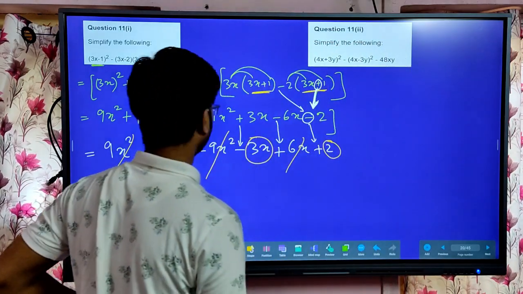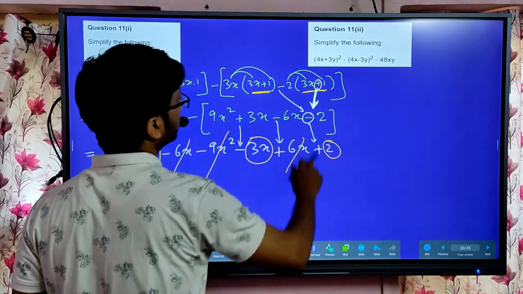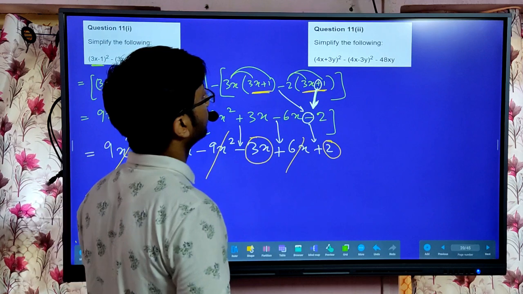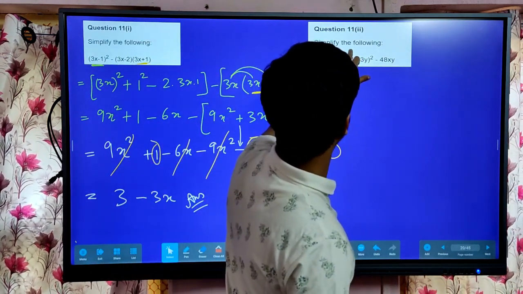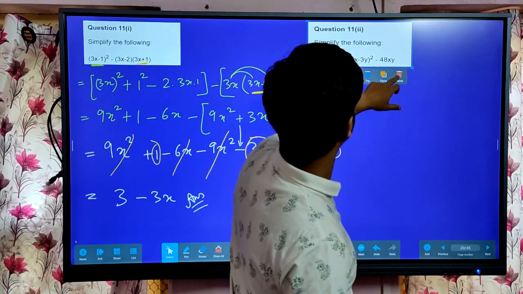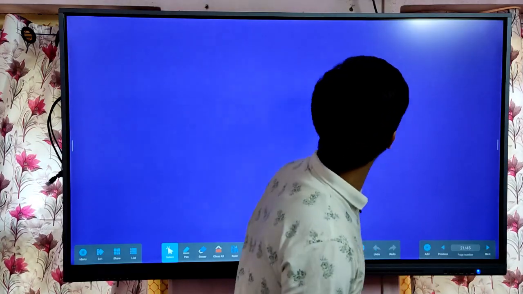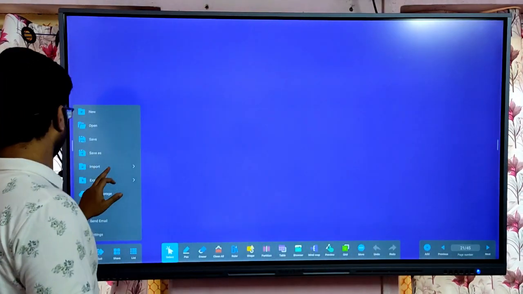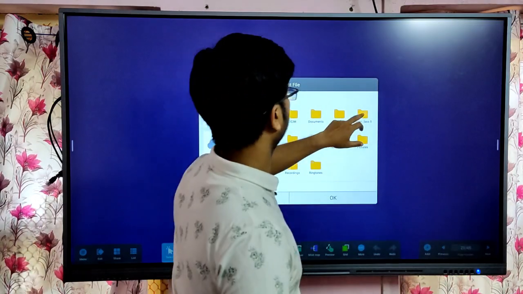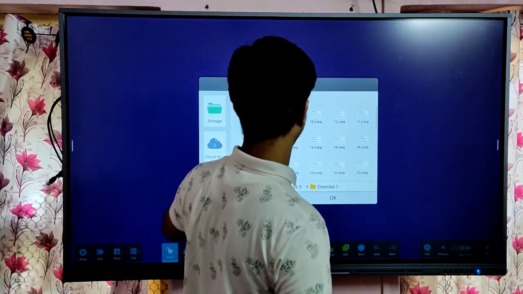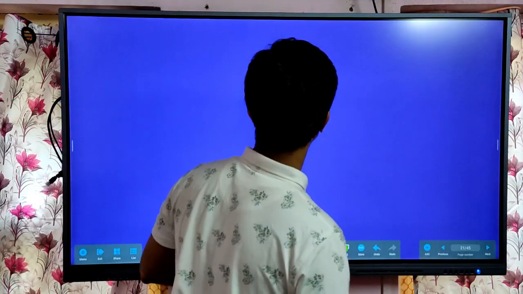So okay, I will keep this. I will remember this. This is 4x plus 3y. Okay, let me delete this, and this question number 11 part 2. I will export in the new page. From menu, import, image, class 9, exercise 11 part 2. This question. Okay. Chalo.